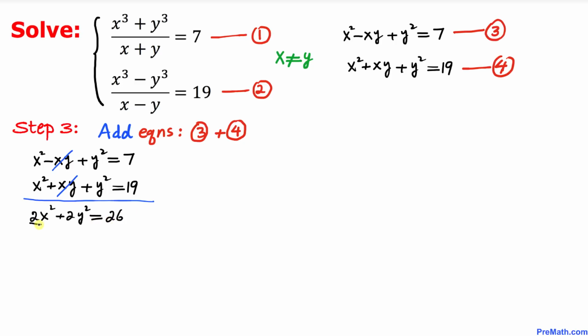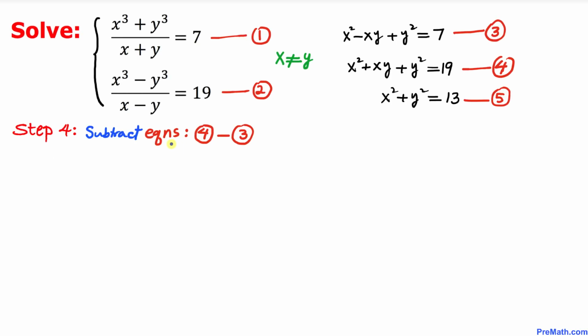Let's go ahead and divide across the board by 2. So we simply got x square plus y square equal to 13. Now let me call this equation number 5.